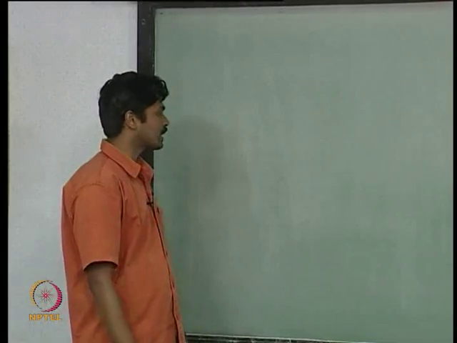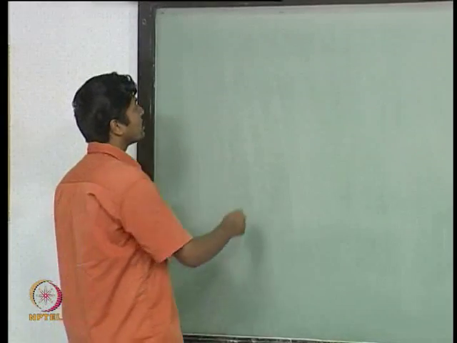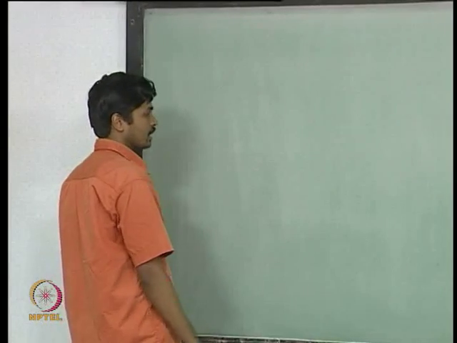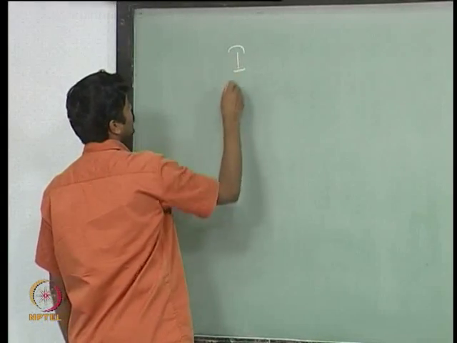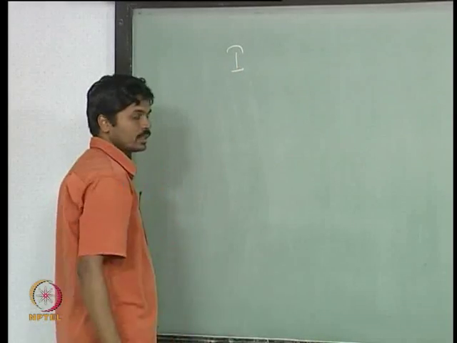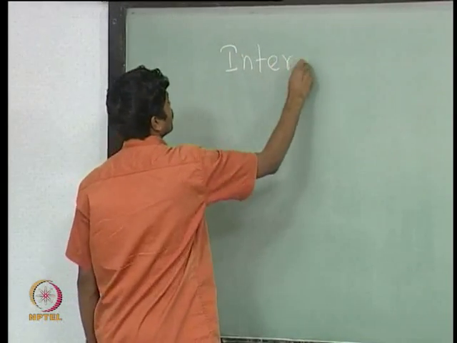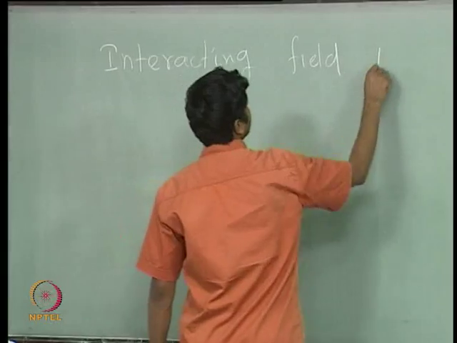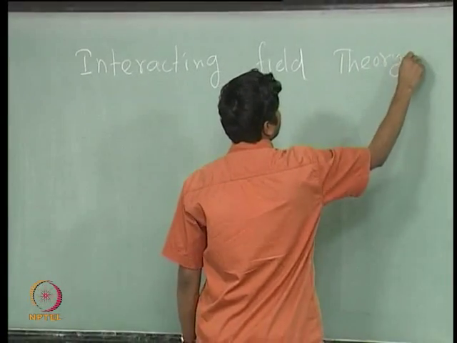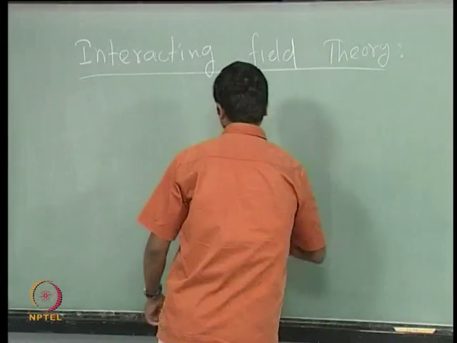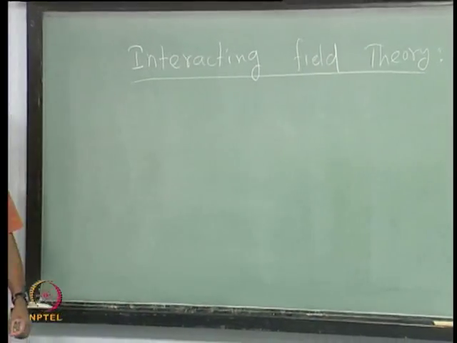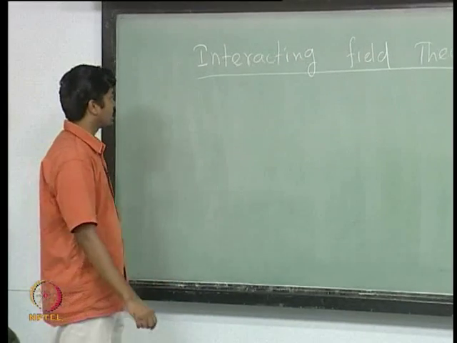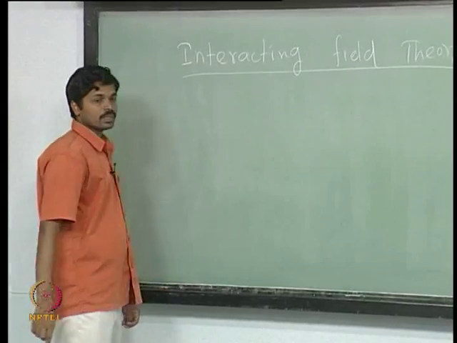So, almost everything that is interesting is not explained in free field theory. For that you need to introduce interactions. So, what we need to actually study is interacting field theory. So, what we will do is we will introduce interactions in classical field theory in a very simple example, and then we will consider interacting quantum field theories.